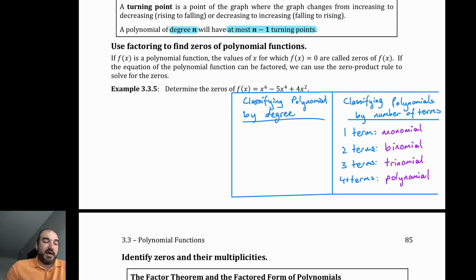So the highest exponent in a polynomial. Also, they have certain names. We'll do a little table here for this one.